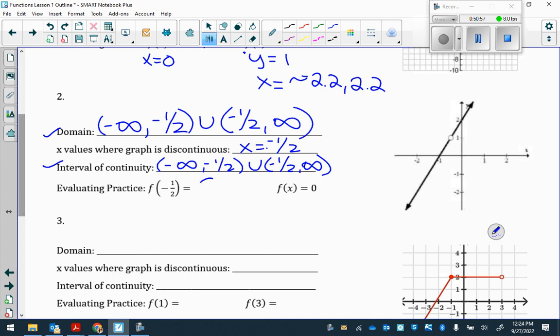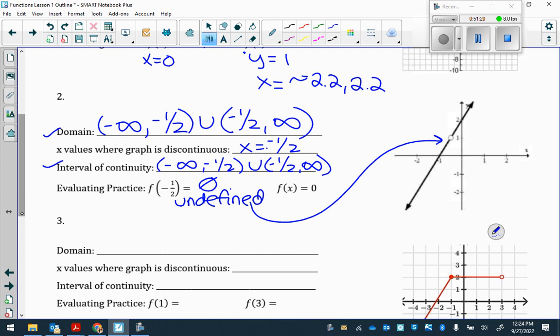No. Okay. This would be undefined, because there's a hole. If it was a closed circle, then yes. Or if it was a straight, continuous line. Here, there's an open circle, so there's no y value for that.